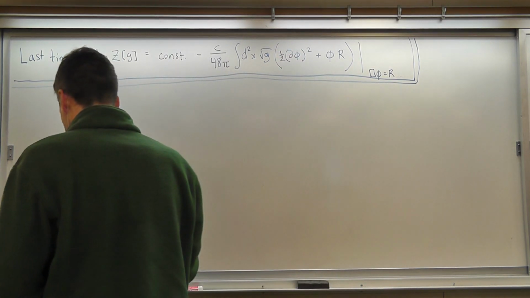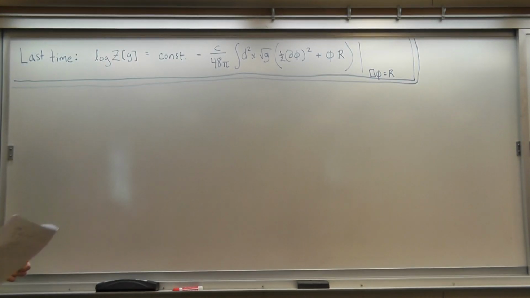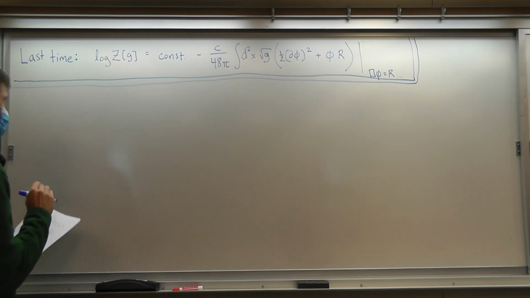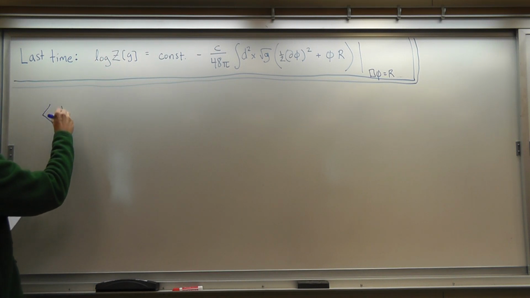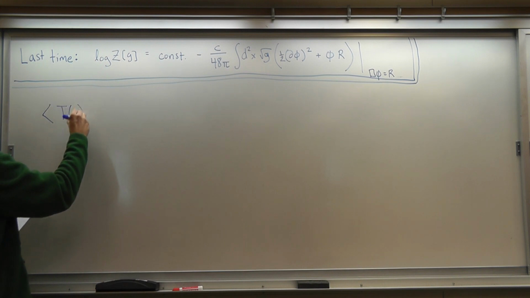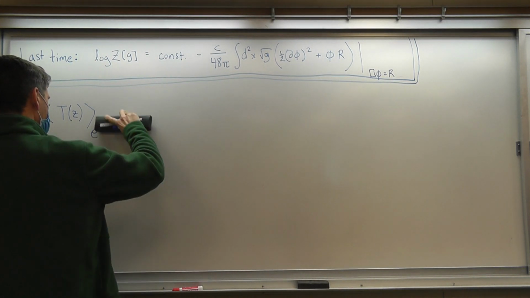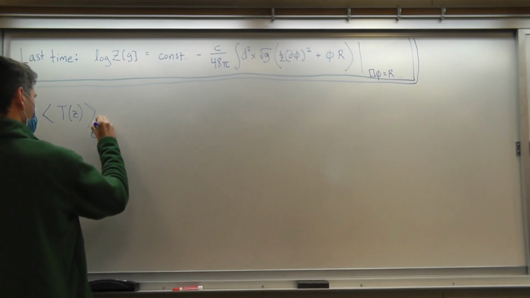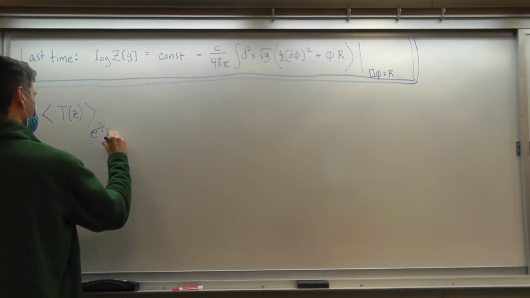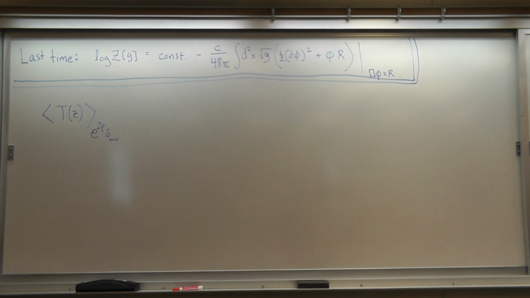Okay, thanks. What we're going to do is use this to derive the conformal transformation law of T mu nu. But what I want to do first is calculate the one-point function of T of z in conformal gauge, in a general background metric.